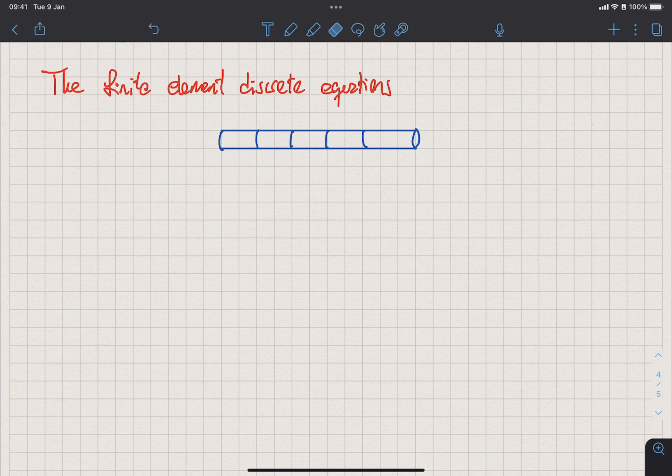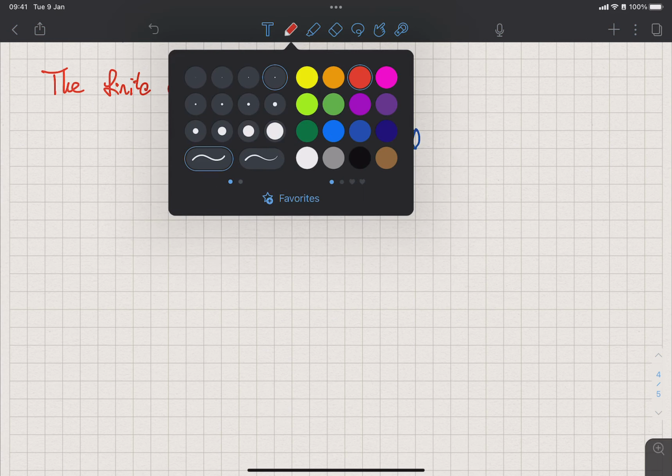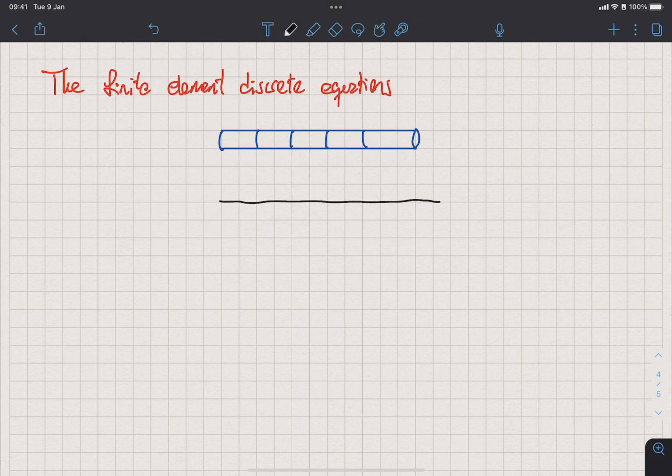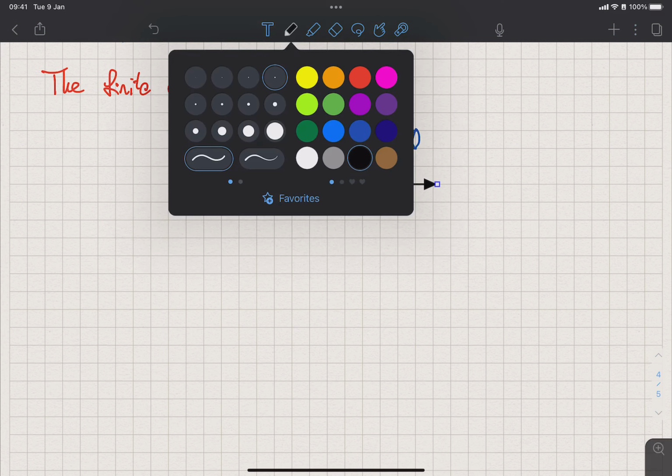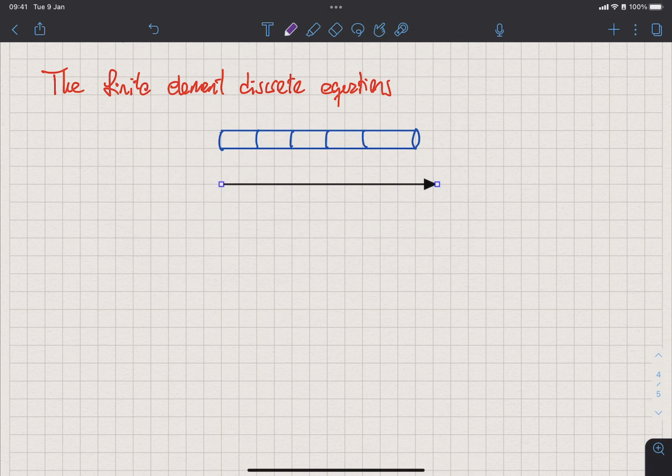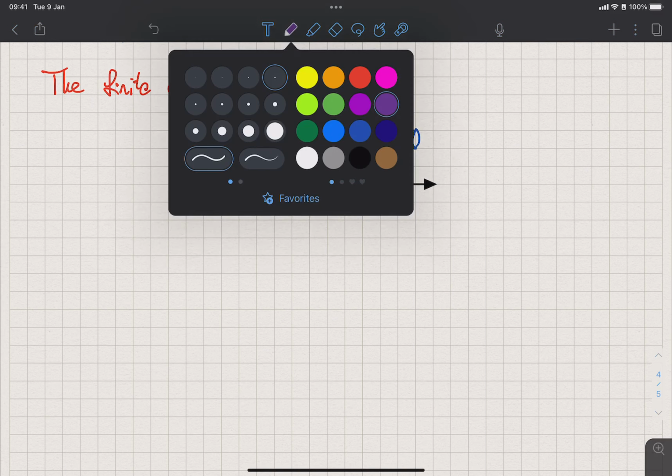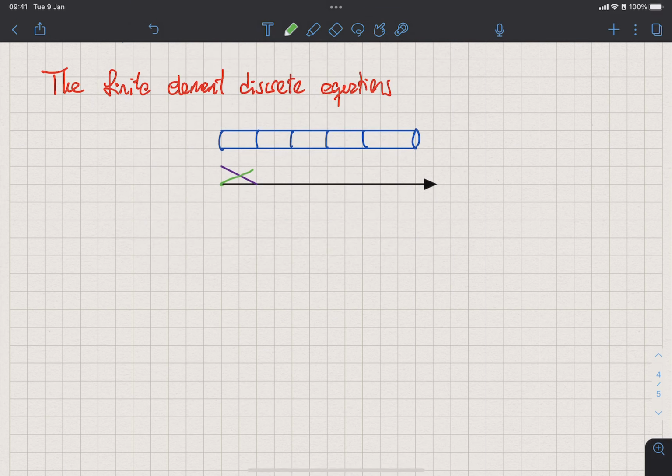So we can have, for instance, actually, let me draw an axis here. And then these are going to be my functions. These are the so-called hat functions.